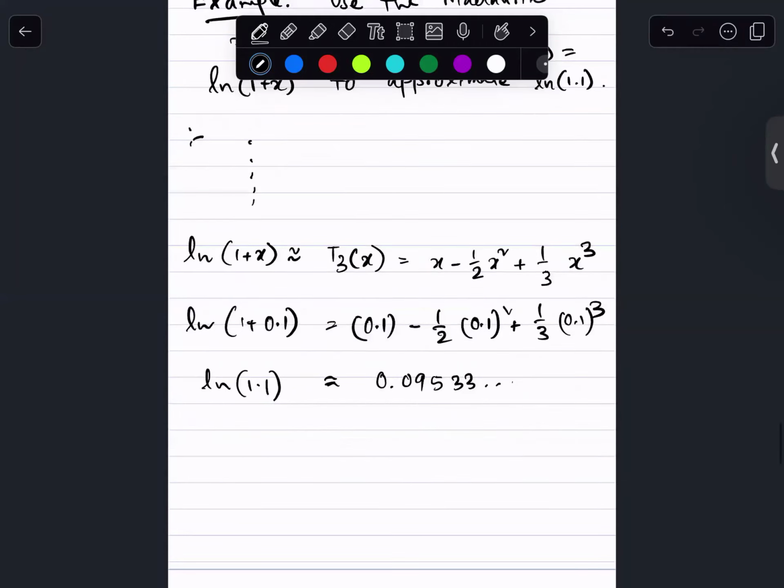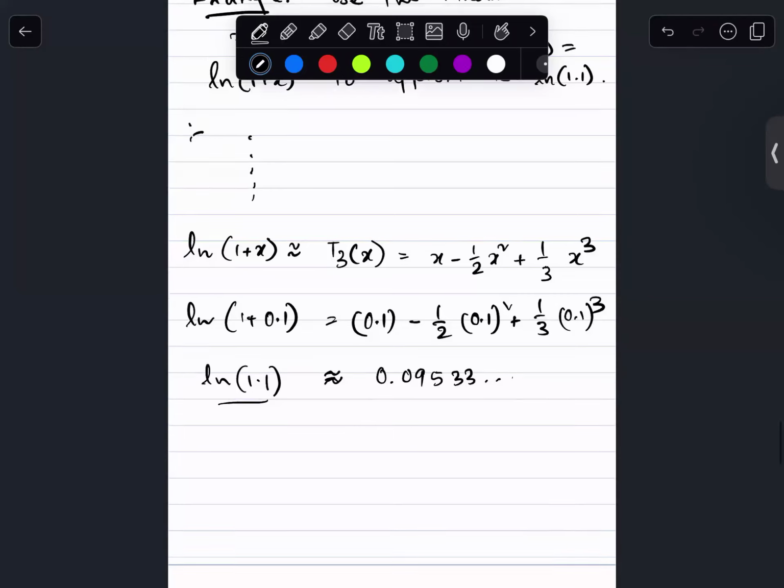Okay. Now, one question might be how good this approximation is. So remember, ln 1.1 is not exactly the same as this. This is a very, very good approximation, but it is not an exact value. So how far are we from the exact value?